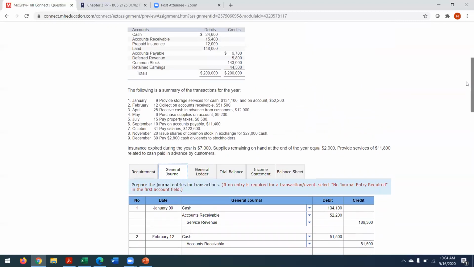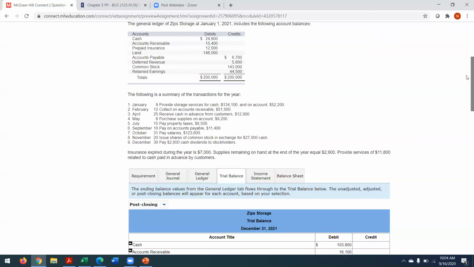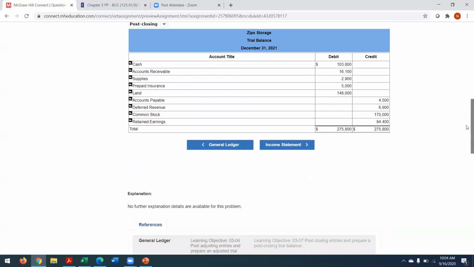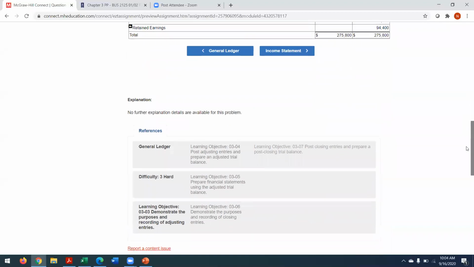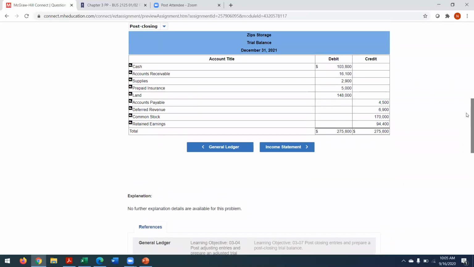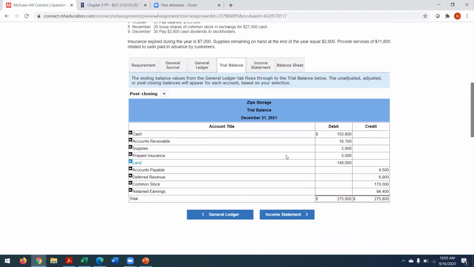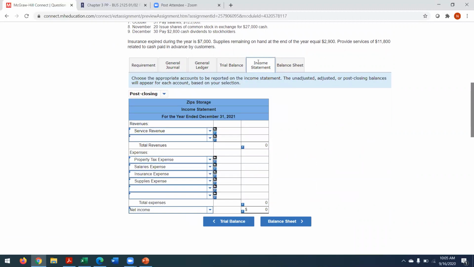So after we've done those various transactions, we would have a trial balance. Now, I know my trial balance isn't going to be right because I'm showing all my revenue accounts have been zeroed out. But from your adjusted trial balance, you should be able to create an income statement.